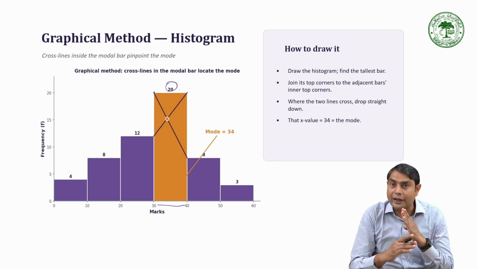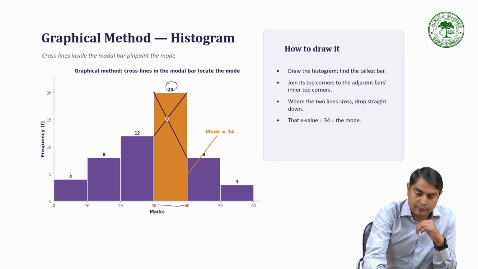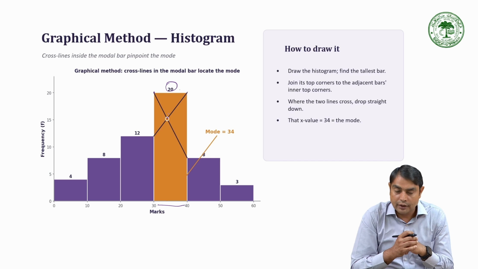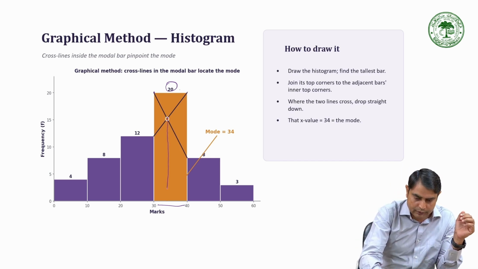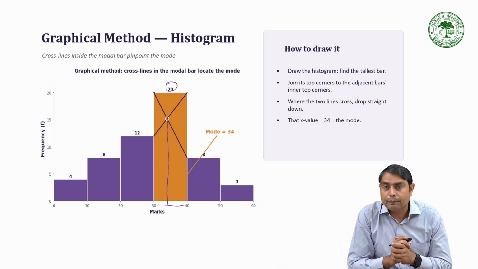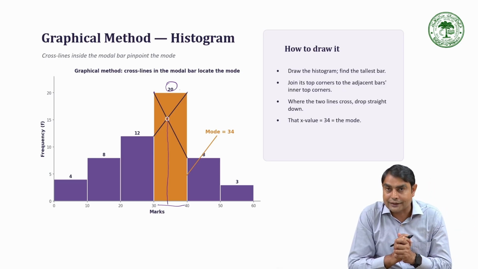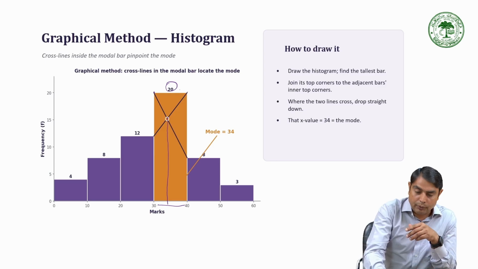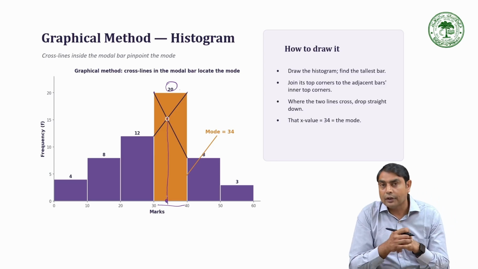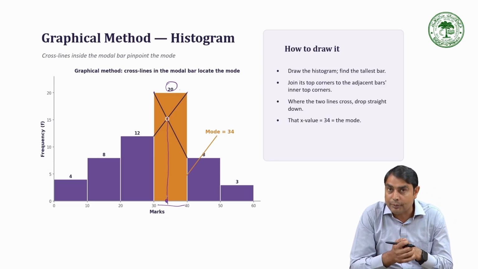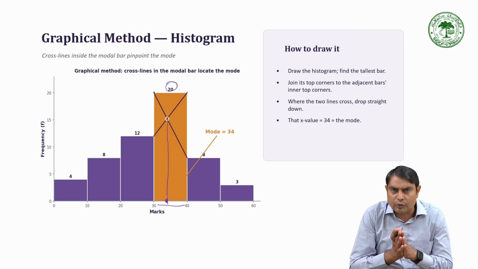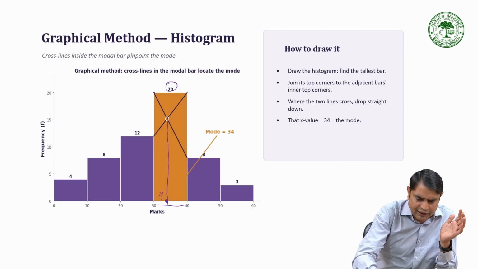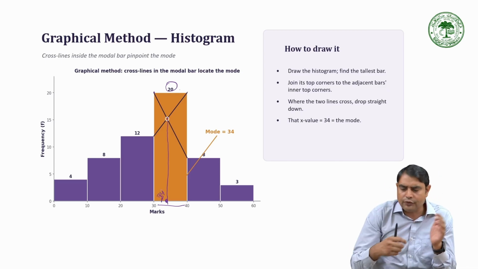And where these two lines intersect is the point where my mode lies. Then I have to drop a line from this point to the x-axis, and the value at which it touches the x-axis will be my mode. In this case it touches somewhere around 34, a little less than 35. So 34 is my mode.